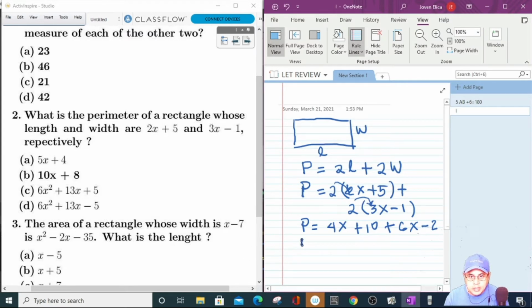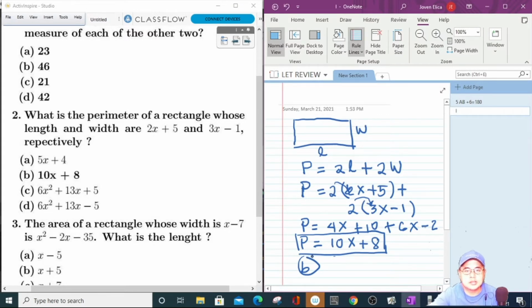Then combining similar terms, 4x plus 6x equals 10x, 10 minus 2 is positive 8. So the answer is 10x plus 8, right? So letter B.